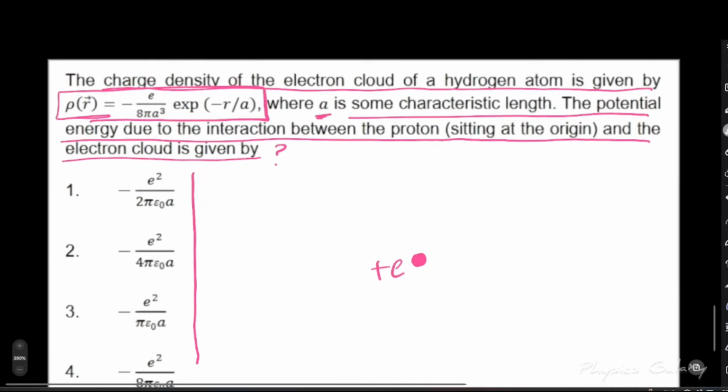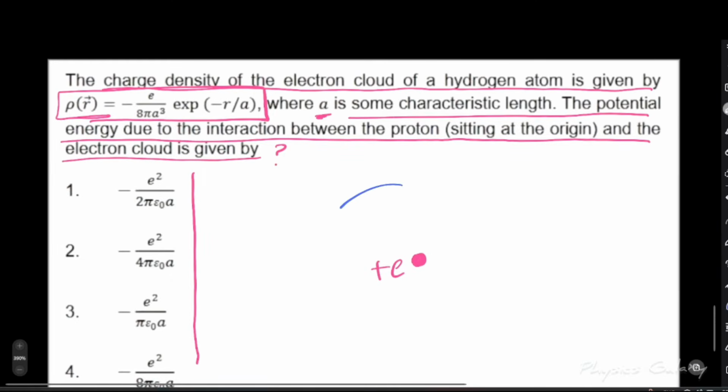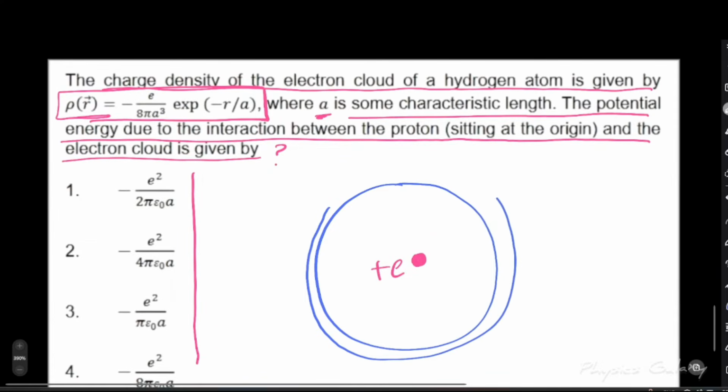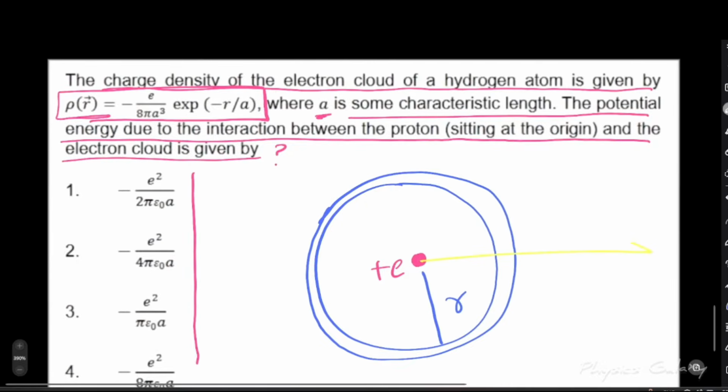Now what we can do is decompose that electron cloud into shells. We can decompose that electron cloud into infinitesimal shells of radius r, and then we will integrate from 0 to infinity and calculate the potential energy of the system.